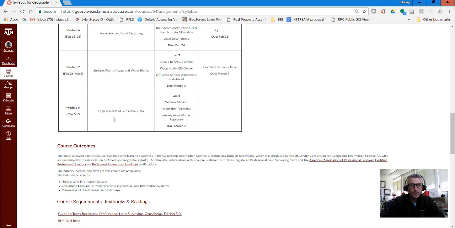And then at the end, we're going to do some legal aspects of spatial data. We have several court cases that have configured how we operate with spatial data, such as the U.S. versus Dow Chemical, where Dow was fined by the EPA because aerial photos were taken of their plant.